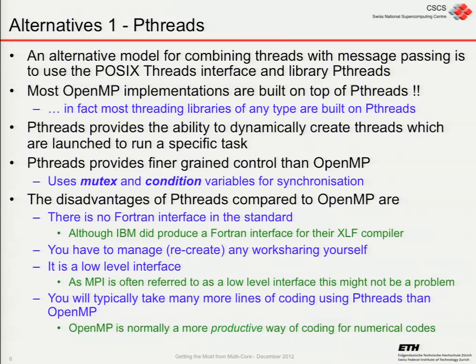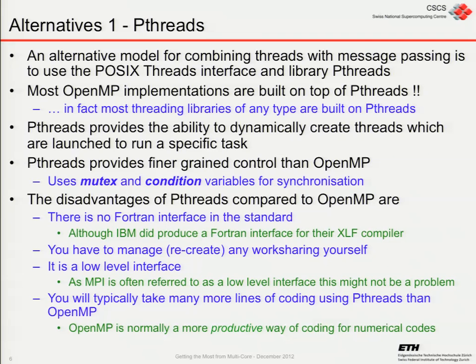Which iteration of a loop, et cetera, and this means that the code becomes very, very large for normally no real advantage. It's very low level, as MPI for our distributed memory is often referred to as the assembly language of distributed memory. Pthreads is very low level as well. And you'll typically take many, many more lines of code for Pthreads than OpenMP.